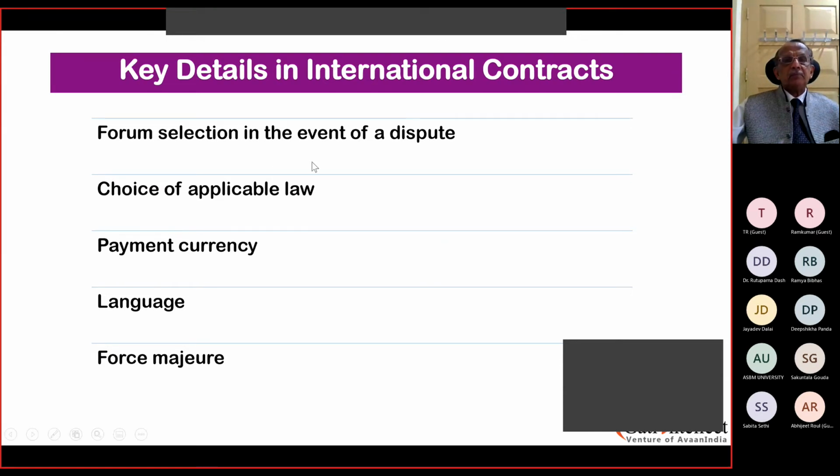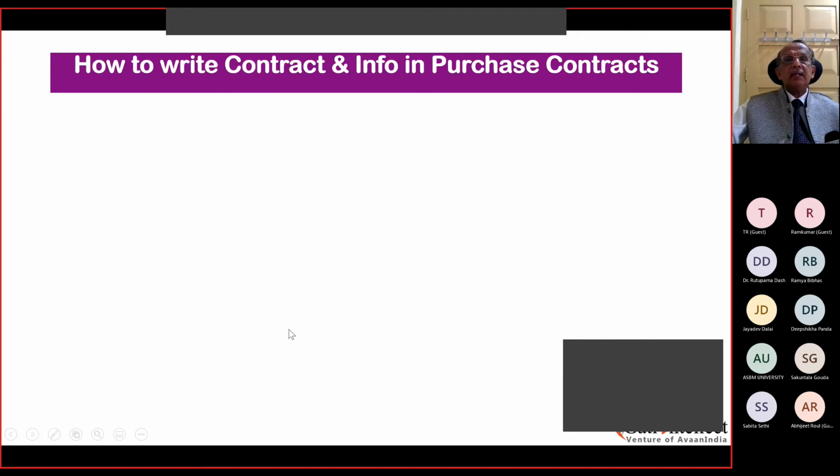This is called jurisdiction in legal terminology. Then payment currency. As far as the supplier is concerned, he will always specify his own currency. If it's from Europe, it will be the Euro. And the language, English, and force majeure. We talked about force majeure before. So these are all part and parcel of international contracts.